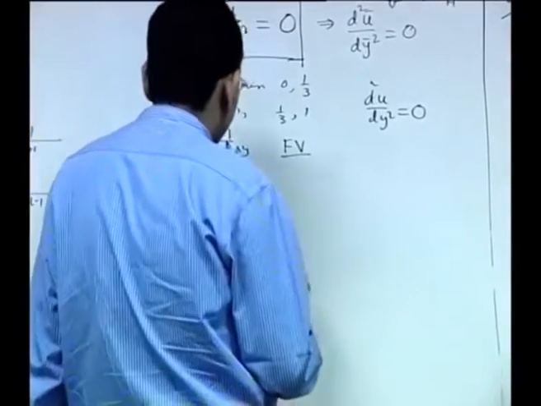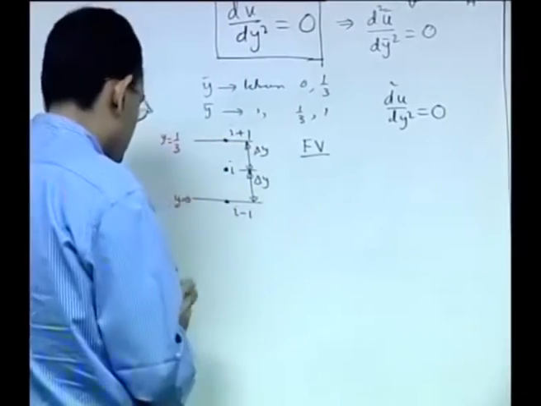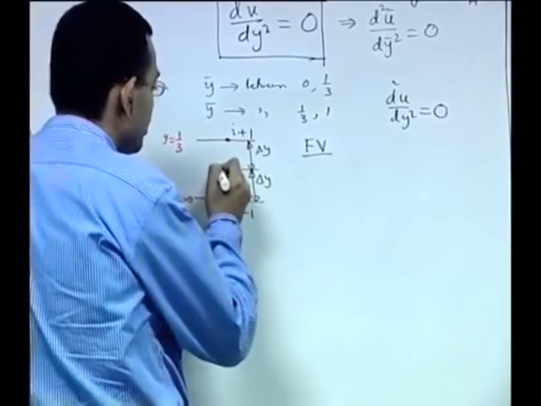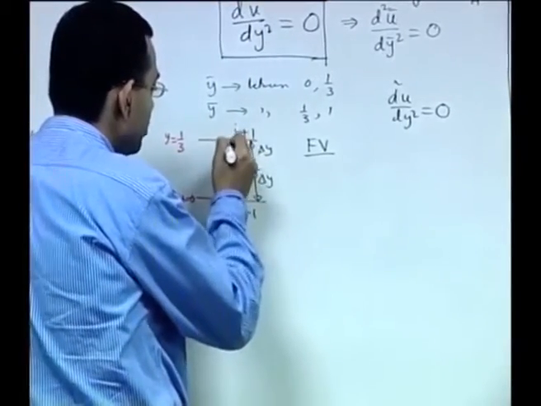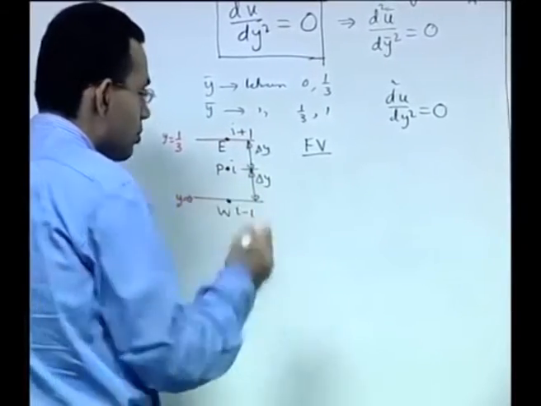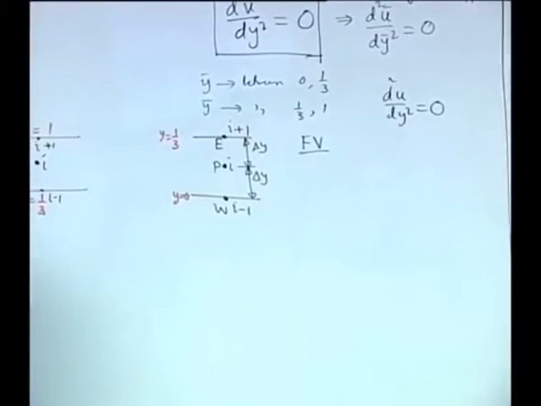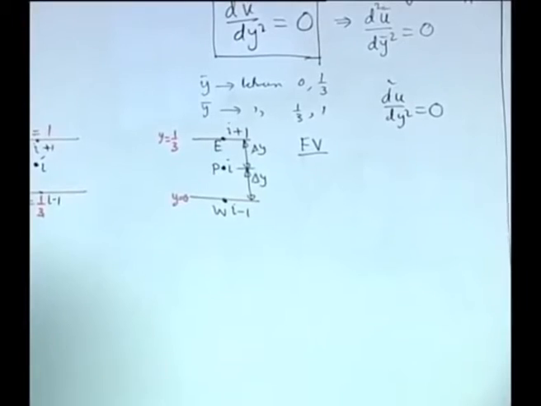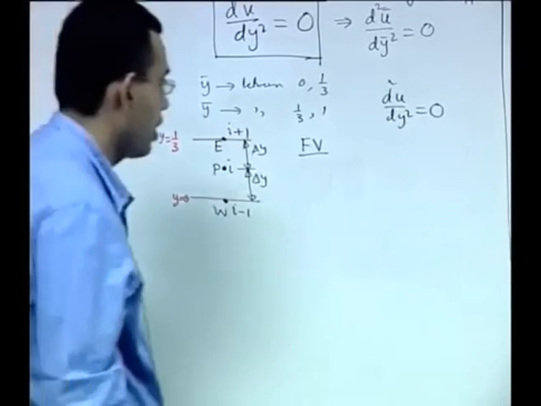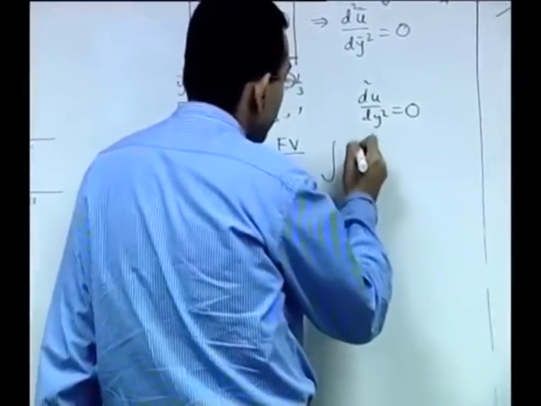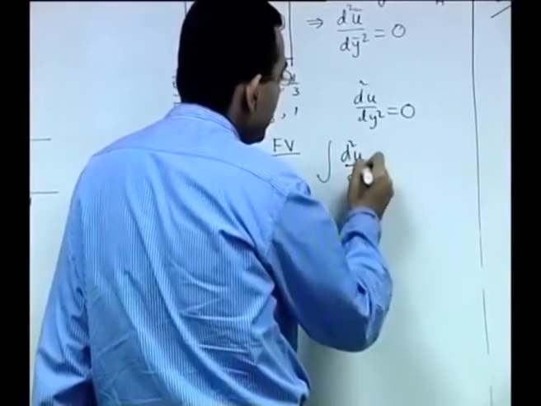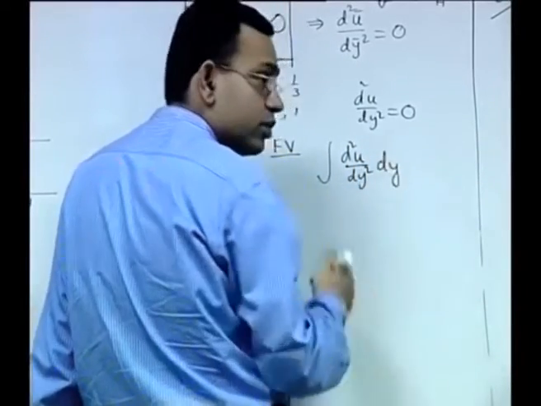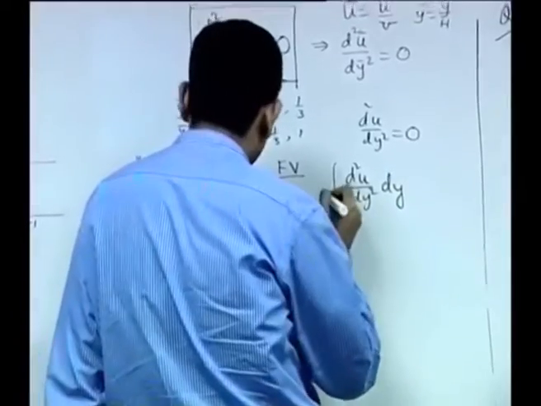So, finite volume method, this is like the point I is like P, I plus 1 is E and I minus 1 is W. So, the first step is to integrate the governing differential equation with respect to the variable, here it is y.